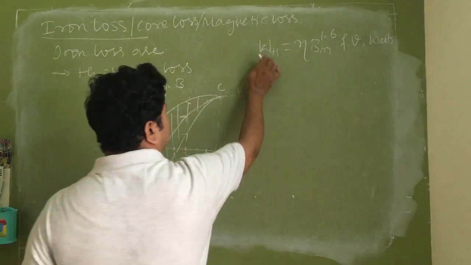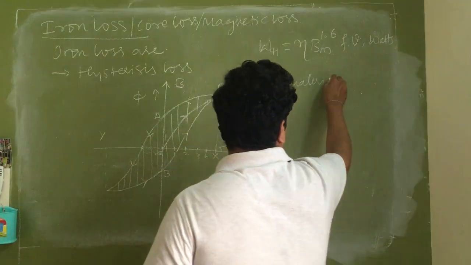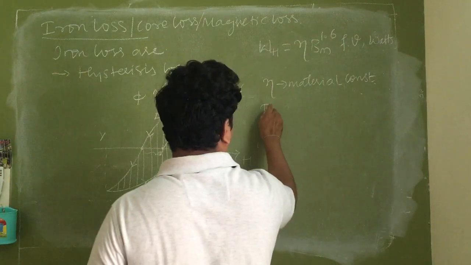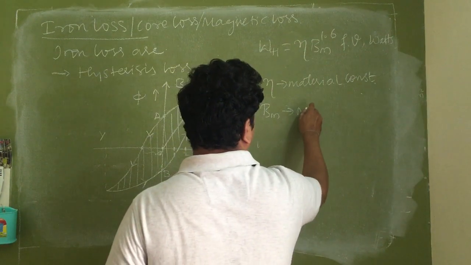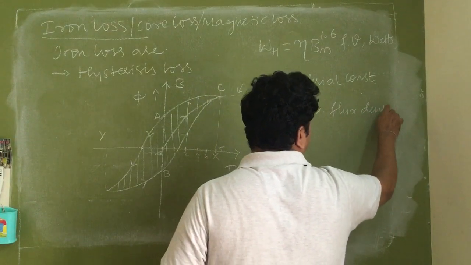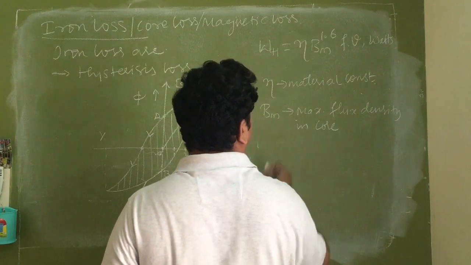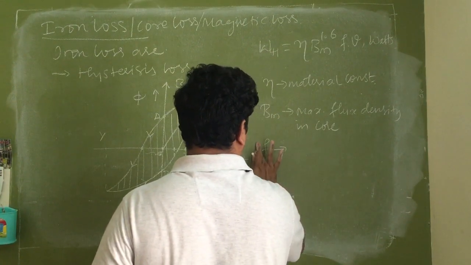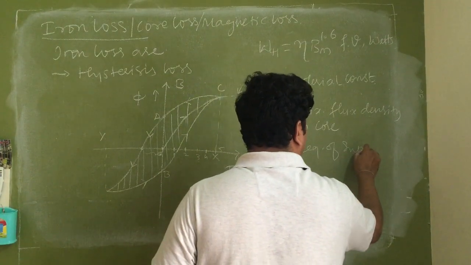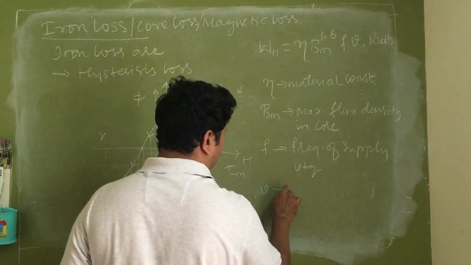Where eta is the material constant, Bm is the maximum flux density in the core, F is the frequency of the supply voltage, and V is the volume of the core.